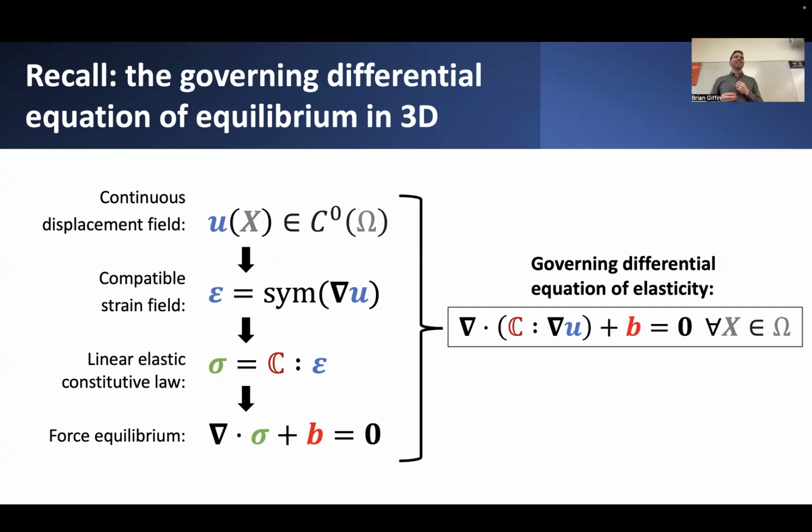That complication led to also having to come up with a more general description of strain, where strain in the one-dimensional setting was simply the derivative of the displacement, the axial displacement field with respect to axial position. Now we had to come up with this more general description of strain as being some characterization of the displacement gradient, which itself is a 3x3 array or a tensor.